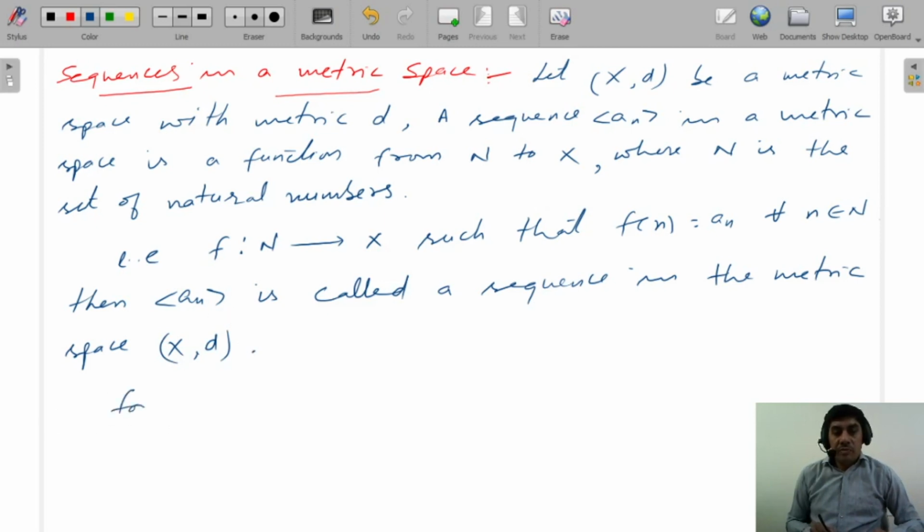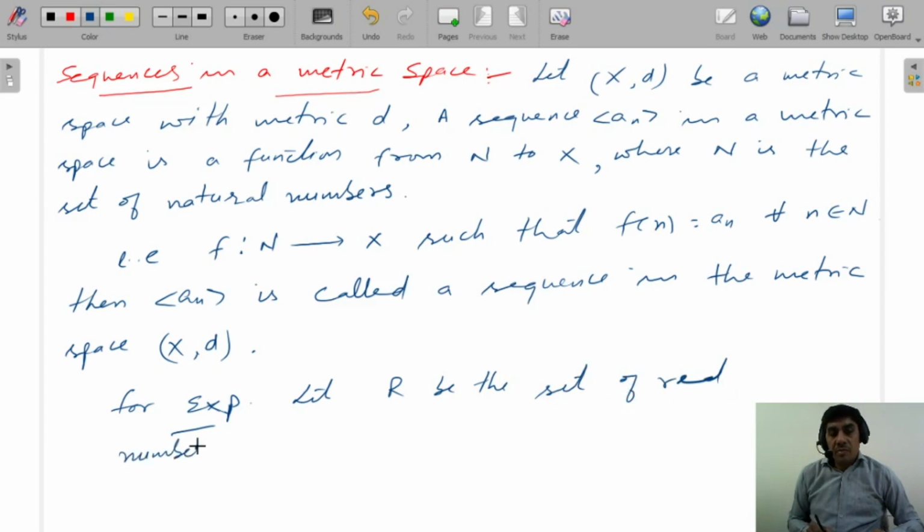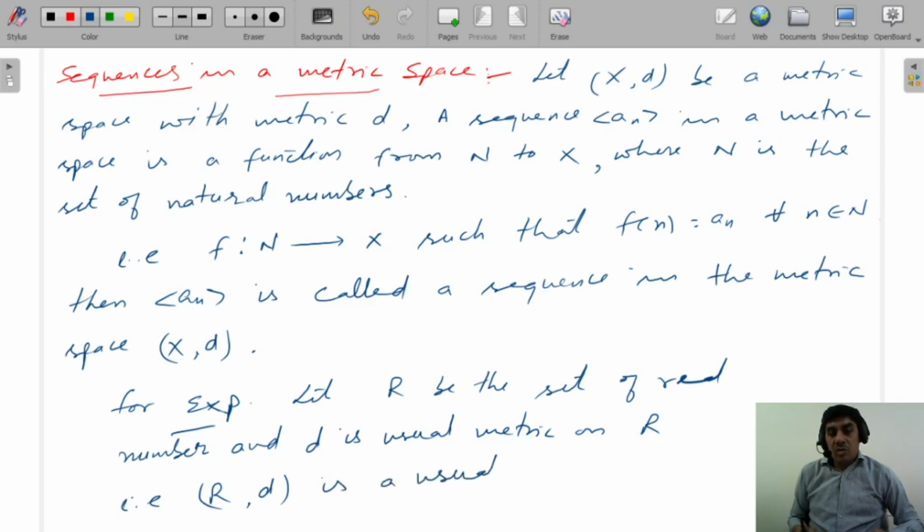For example, let R be the set of real numbers and d is the usual metric on R, that is, (R, d) is the usual metric space.